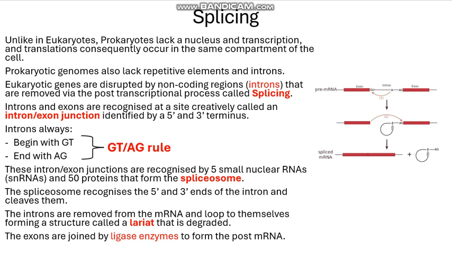I thought I would tag the muscular dystrophy onto this one because one of the causes for muscular dystrophy in terms of mutation can be what we call a splice site mutation, which occurs where there's a mutation to the intron-exon junction, which prevents RNA splicing from taking place, resulting in a dysfunctional gene product.